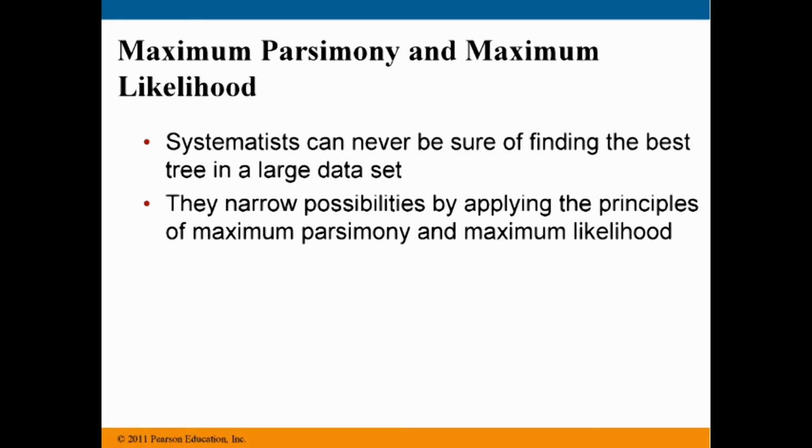Pretty amazing. There's something that is called maximum parsimony and maximum likelihood. So systematics is difficult because you're trying to guess how things are related to one another. Okay, so keep in mind that we weren't around back in evolutionary time. So if we weren't around, then we have to make guesses.